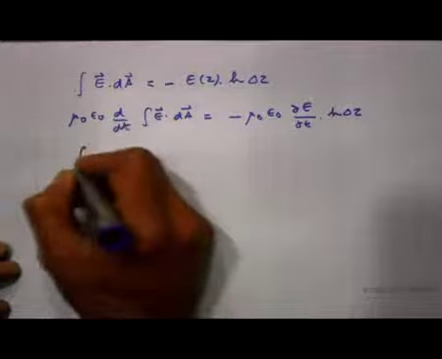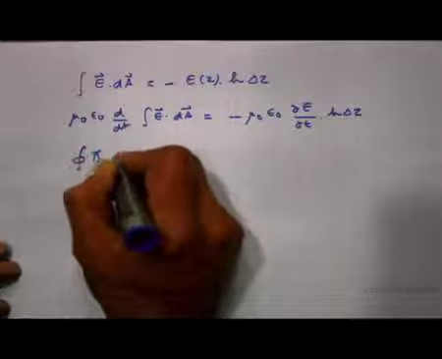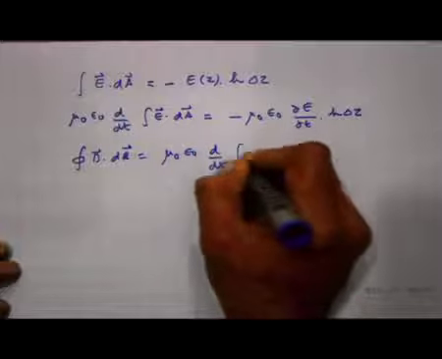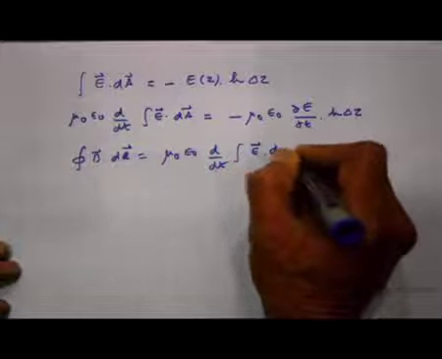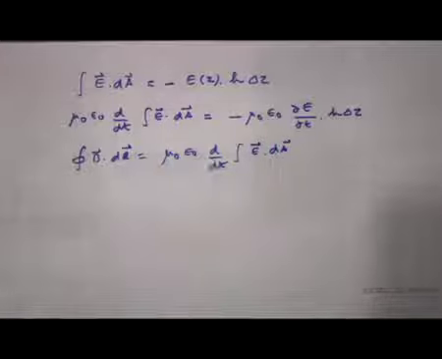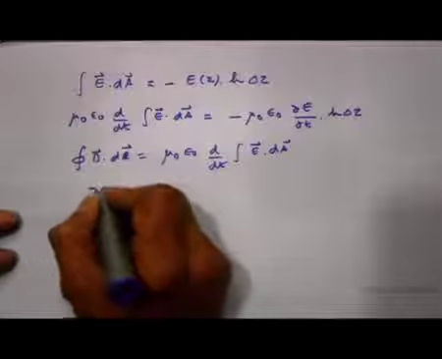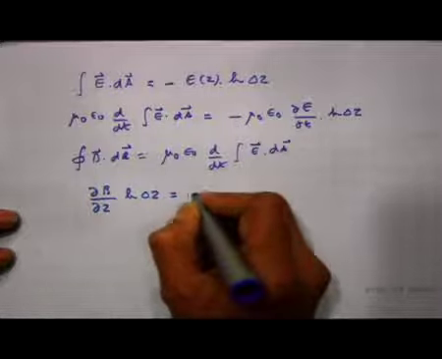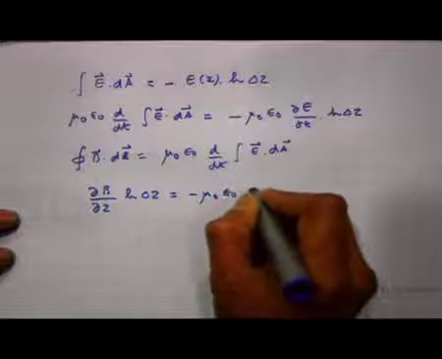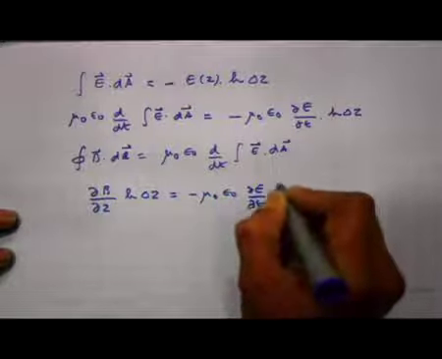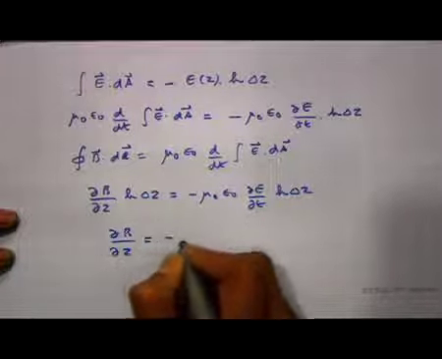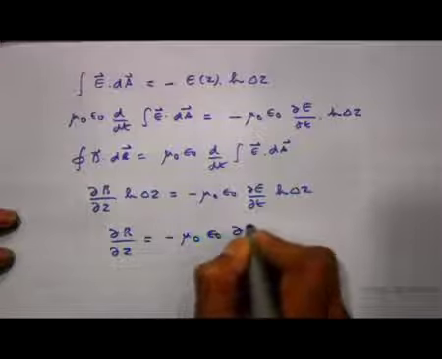So, I substitute both of them into this integral of Ampere's law: integral B dot dl is equal to mu naught epsilon naught d by dt of integral E dot dA. I just calculated the B dot dl integral. So, del B by del z H delta z is equal to minus mu naught epsilon naught del E by del t H delta z, which implies del B by del z is equal to minus mu naught epsilon naught del E by del t.